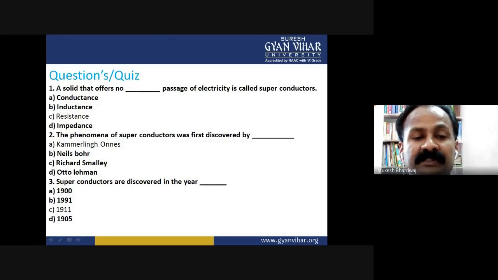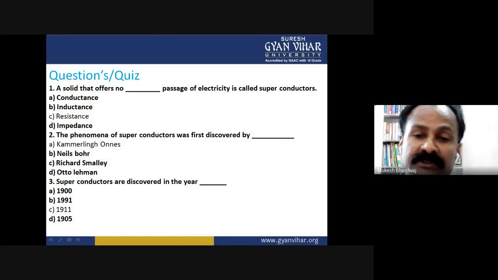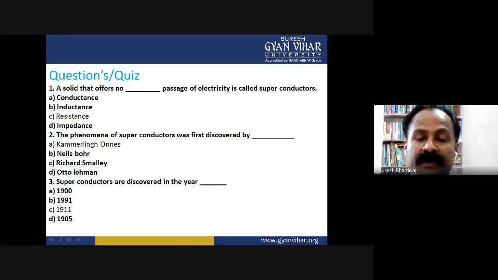Superconducting materials are used as electronic switching devices called cryotrons. Superconducting materials which are used as switching devices are called cryotrons. So this is all about superconductivity and superconducting materials and types of superconducting materials.